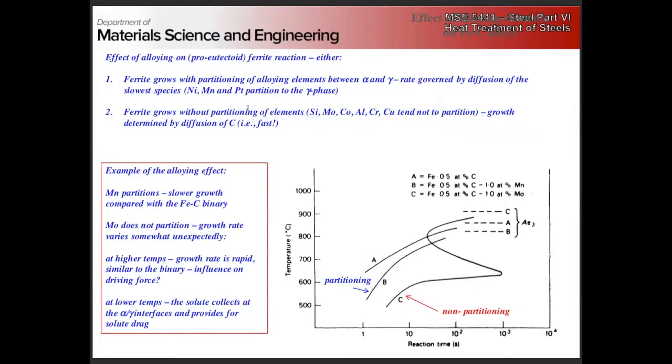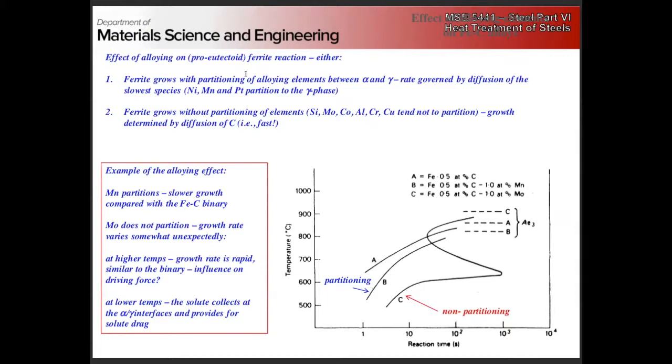Okay, so we want to think about, at the same time, what the alloying elements are going to do to all the reactions that we talk about, right? So if we think about pro-eutectoid ferrite reactions, meaning allotriomorphic or idiomorphic ferrite, we know that ferrite grows with the partitioning of the alloying elements between our ferrite and our austenite, right?